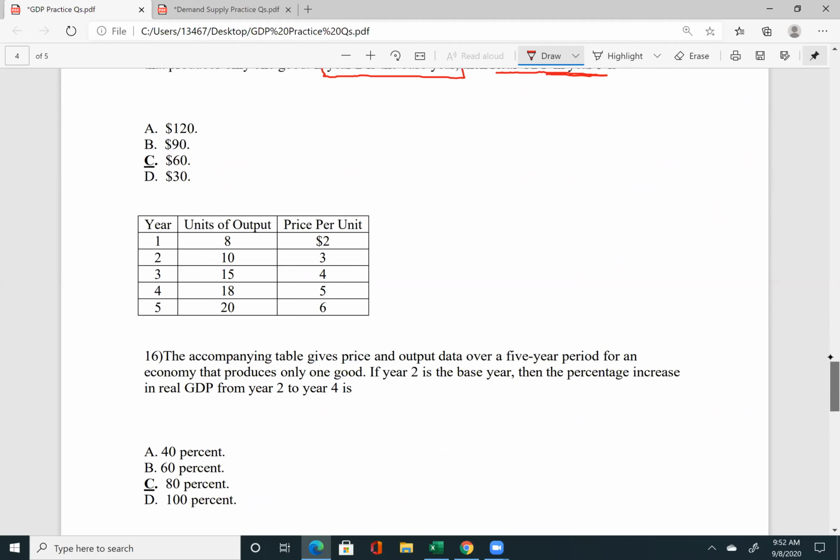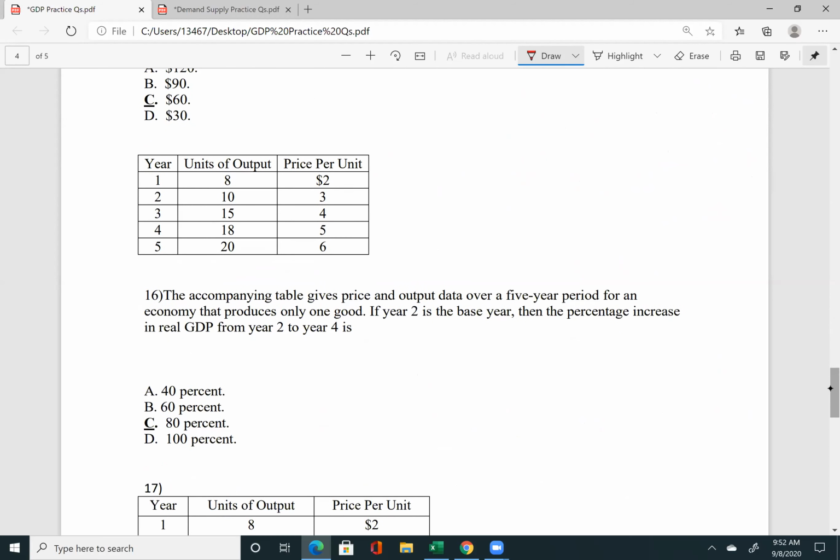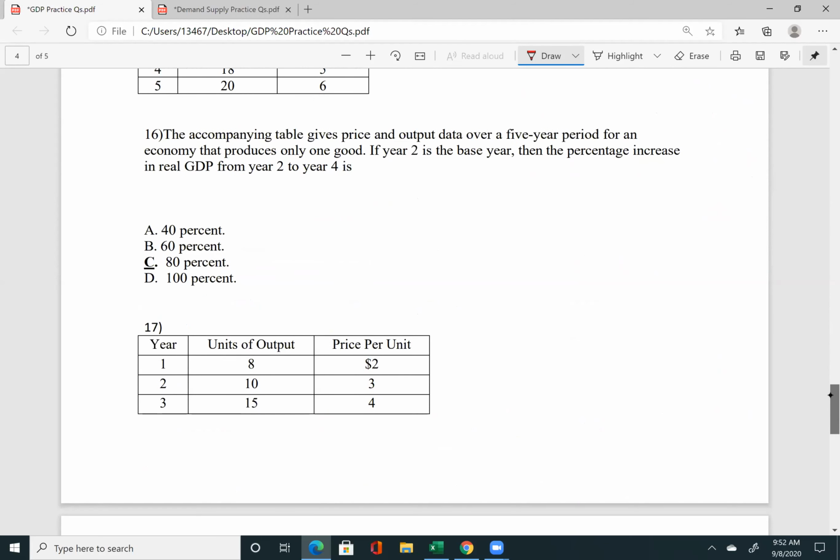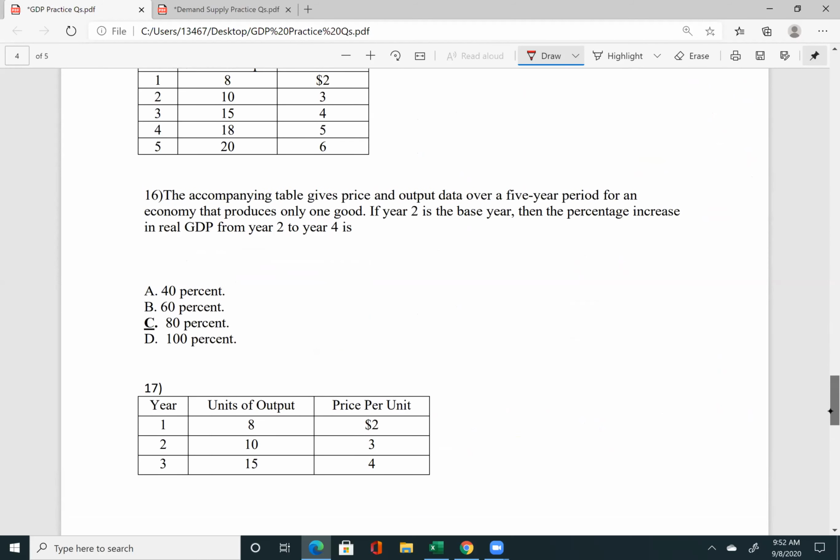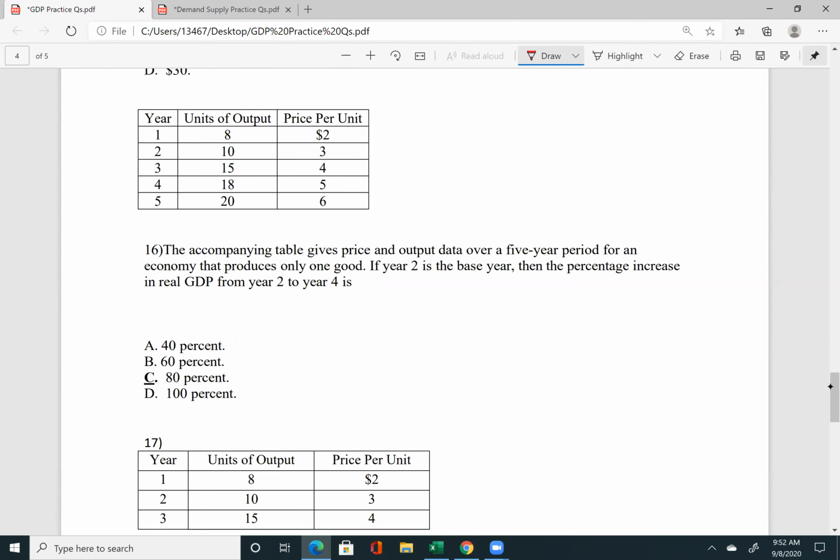All right, question number 16. Question number 16 is telling me if year 2 is the base year, what's the percentage increase in real GDP from year 2 to year 4? So I have to do two things here.